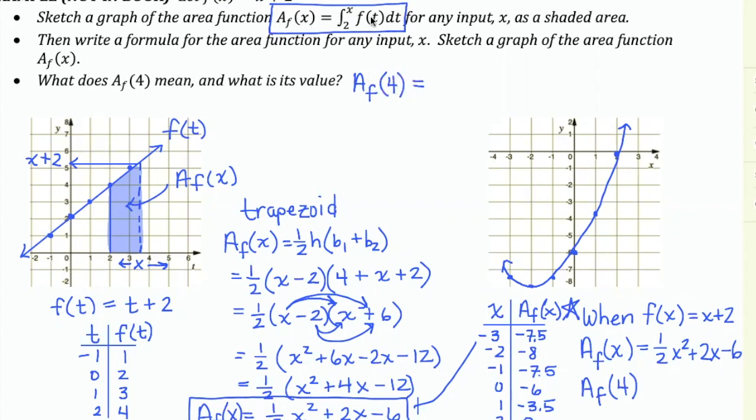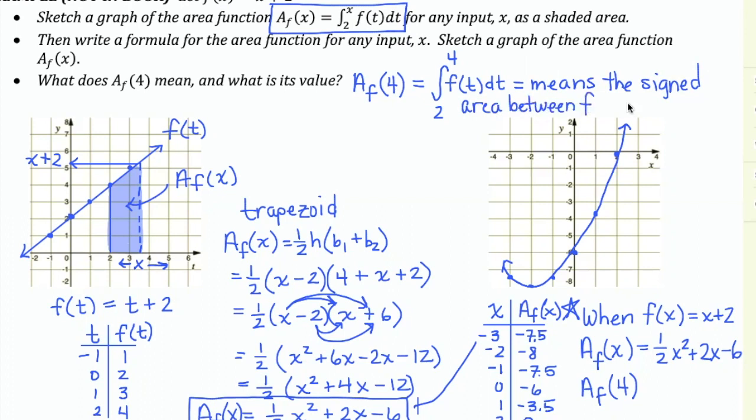Well, if I substitute it, it's telling me it's going to be equal to the integral from 2 to 4 of f of t dt. And remember, this integral represents the signed area between my function f and the x-axis from 2 to 4.